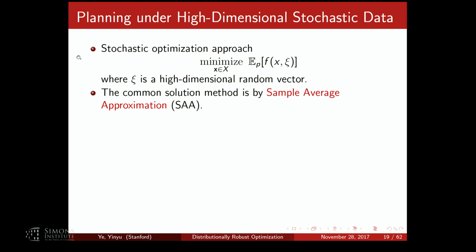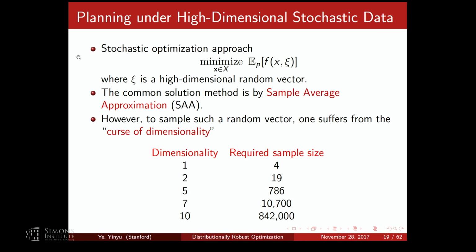So the common solution is again sample average, but when the dimension of C increases, usually the sample size also has to increase dramatically. Theoretically, you can say as the dimension increases, the sample size necessary to make an accurate estimation also increases exponentially.